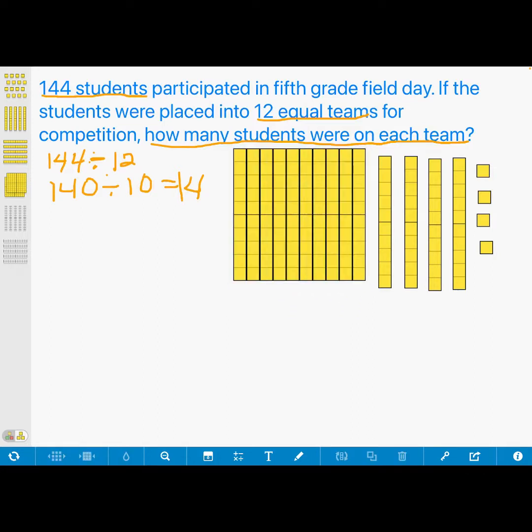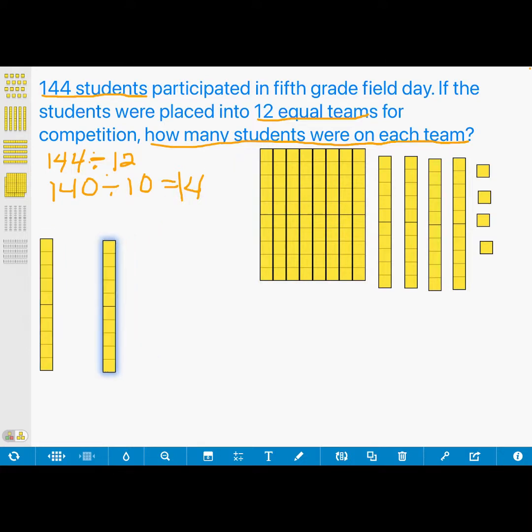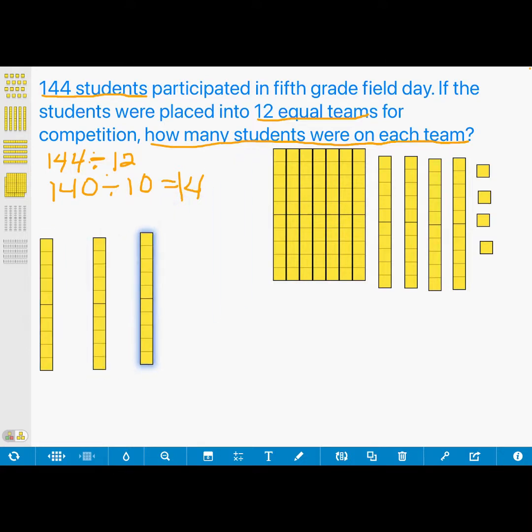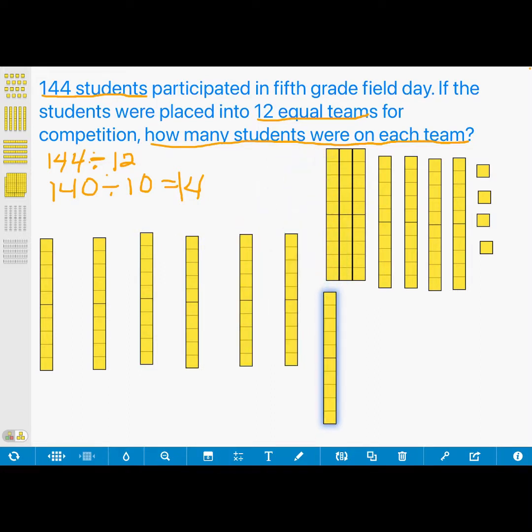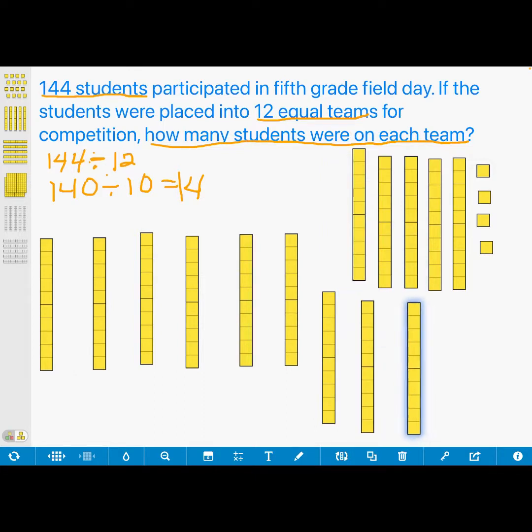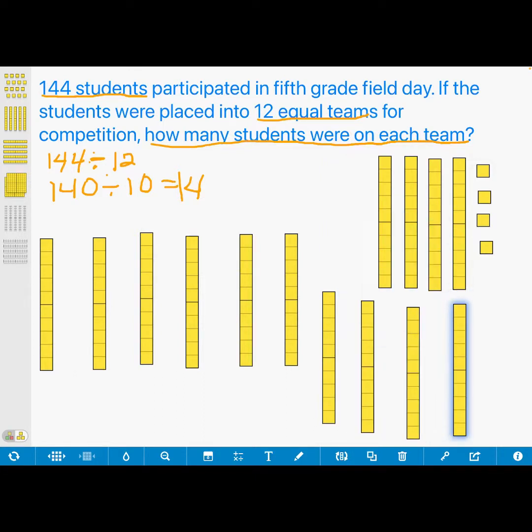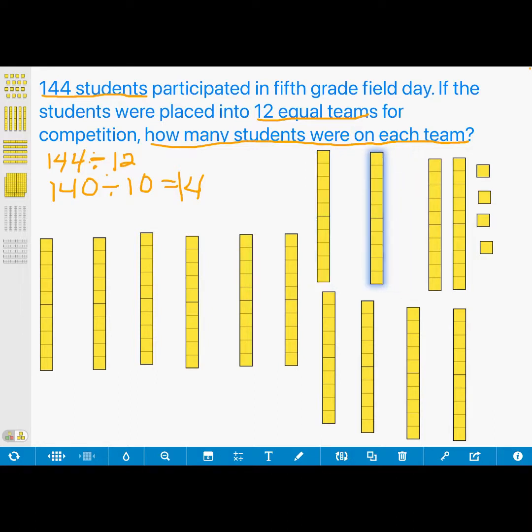And I will have, that's one group, two groups, three groups, four groups, five groups, six groups, seven groups, eight groups, nine groups, 10 groups. But I also have more 10s, so I can make 12 groups. So that's 11 groups, 12 groups.